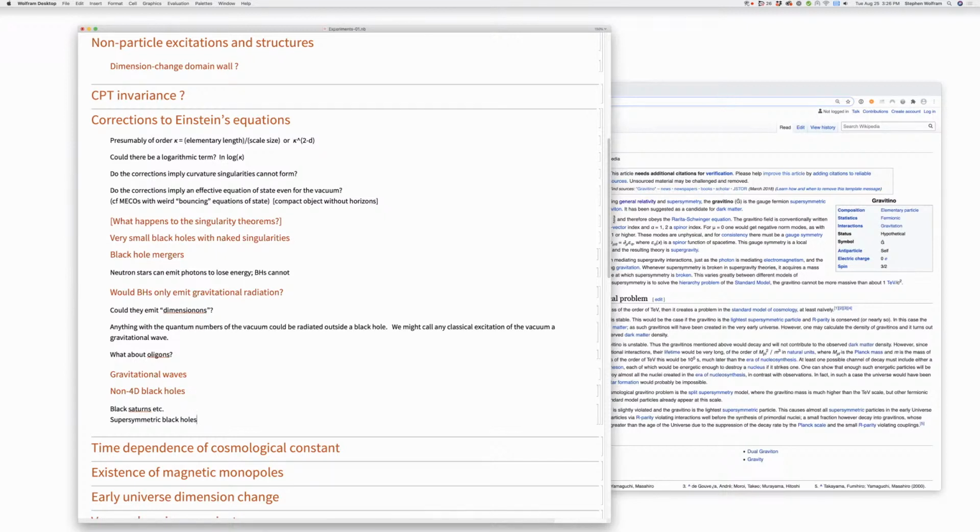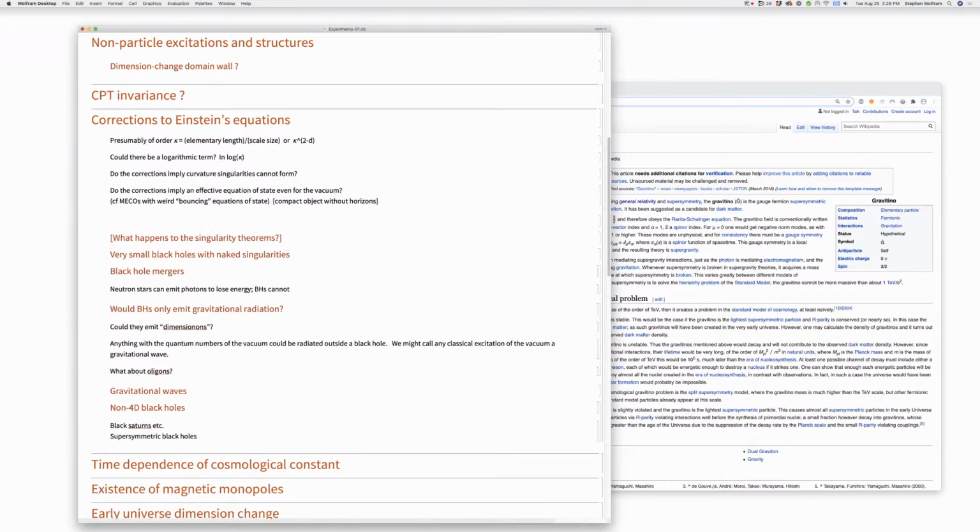Here's a question. Does the graviton have a mass if there's a higher order correction to Einstein's equations? In other words, should the gravitational potential really be a Yukawa potential?